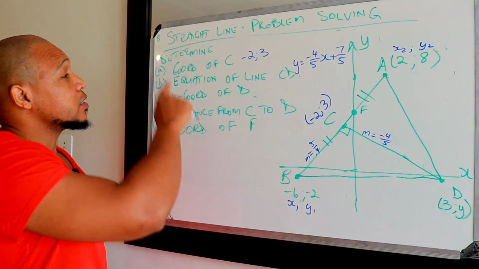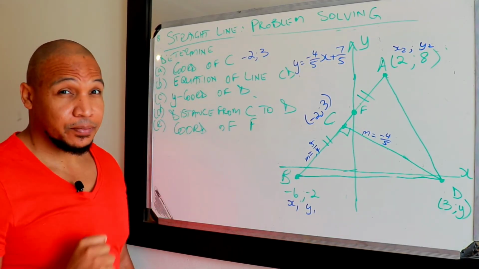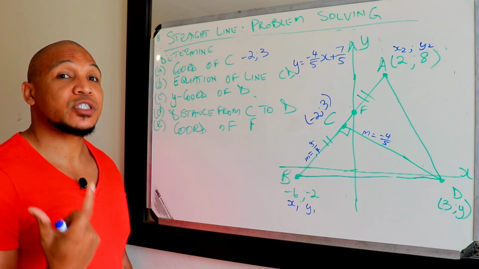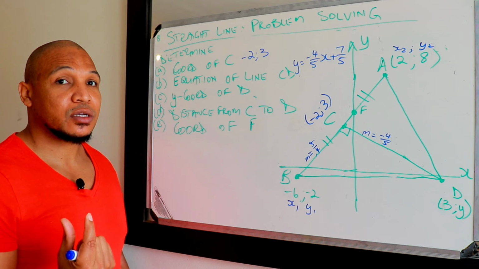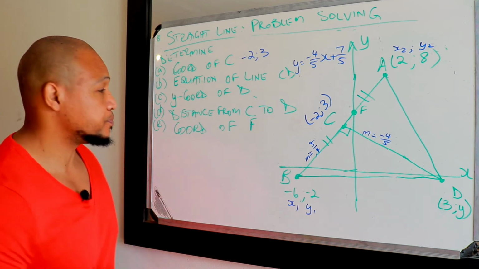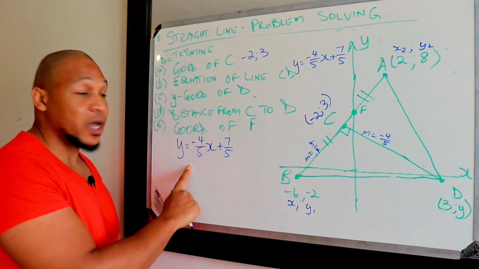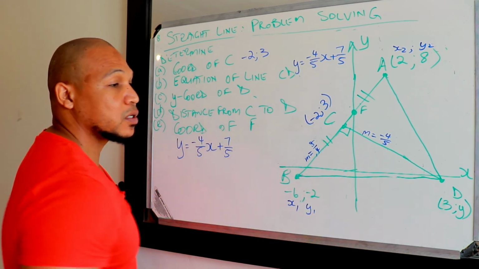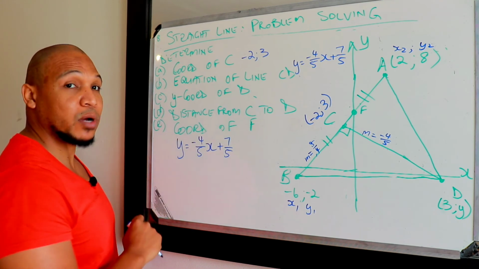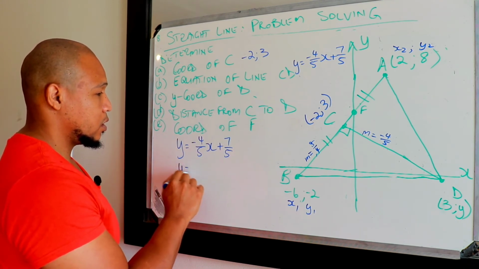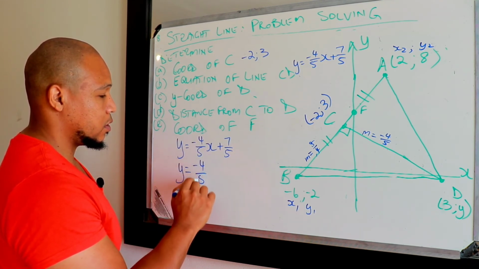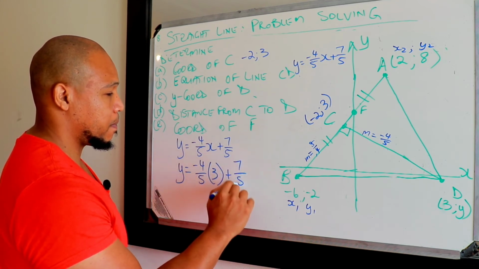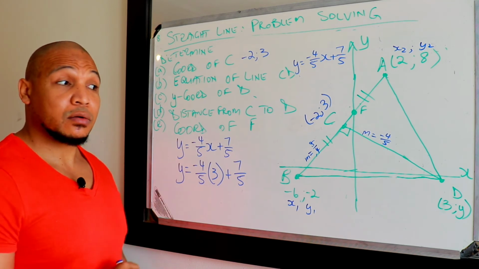Next question, determine the y coordinate of D. We know to determine one coordinate, we have to substitute the other coordinate into our equation. I've written my equation for line CD, and now I'm going to substitute my x value into my equation. And now I simplify.